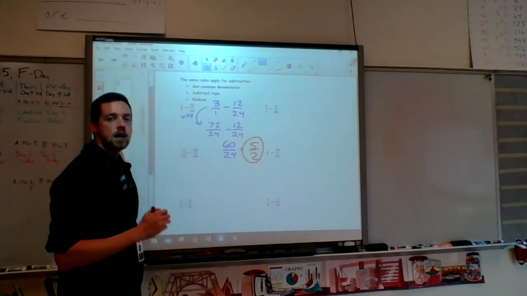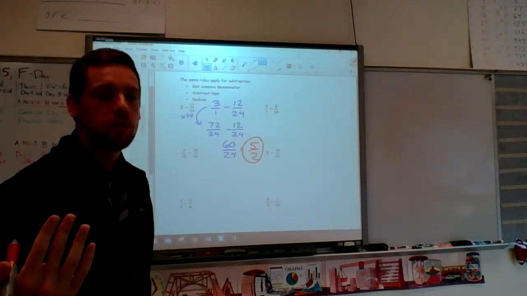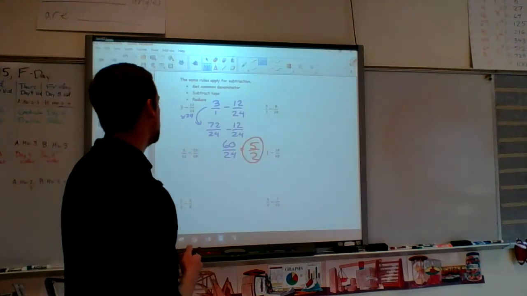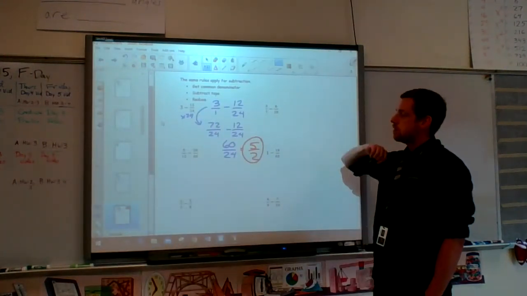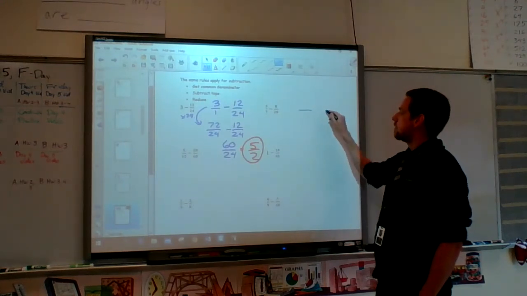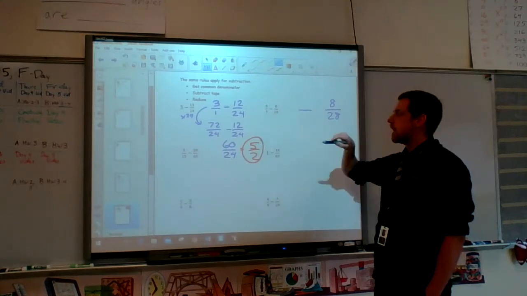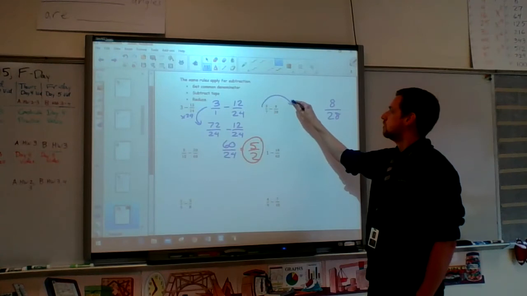Okay, so if it's a nice decimal, you could write it as a nice decimal like 2.5. But if you get 2.333333, I think it would be better to write it as a fraction. Right? For some of these, we can get the same denominator. I know I could turn a 7 into a 28. I just have to times it by 4.